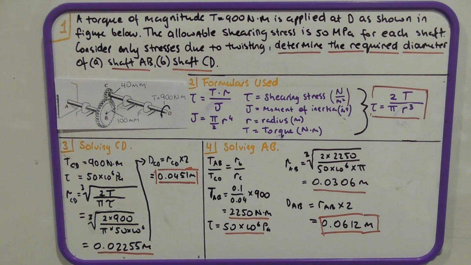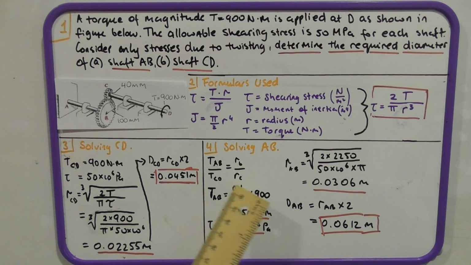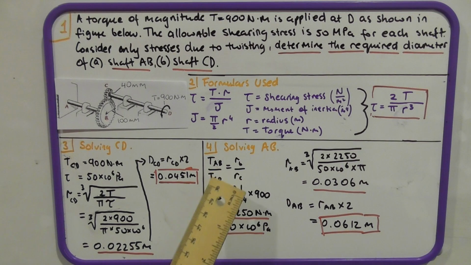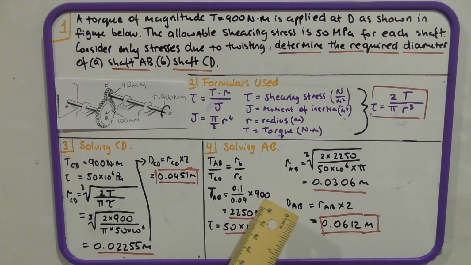But the point is, it's just ratios, and you can solve them from both sides. Anyway, having identified that, we just rearrange that, and torque at AB equals 0.1 divided by 0.04 multiplied by 900, and that will give us 2,250 Newton meters.